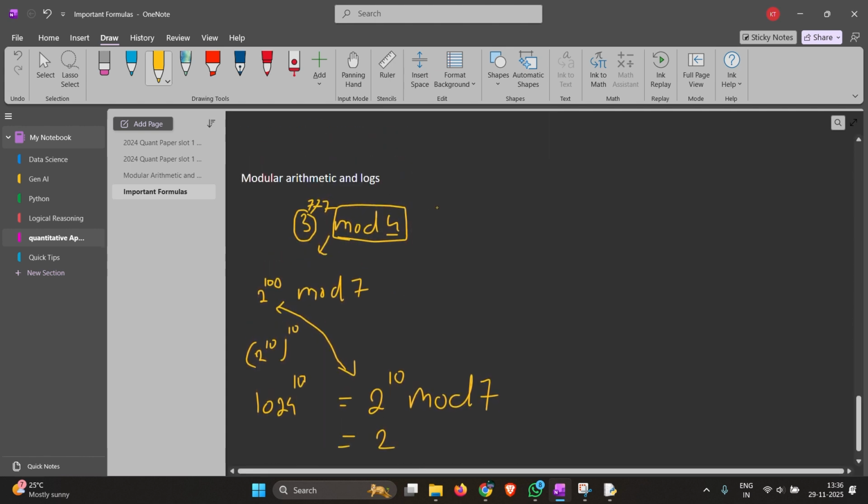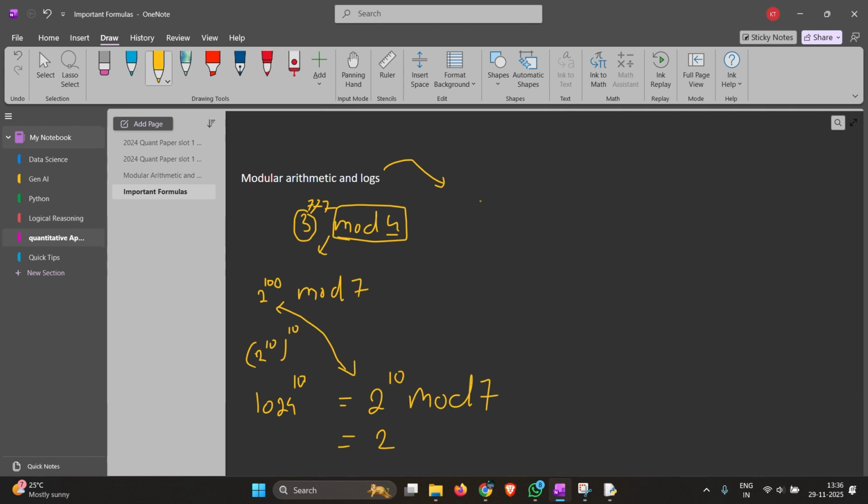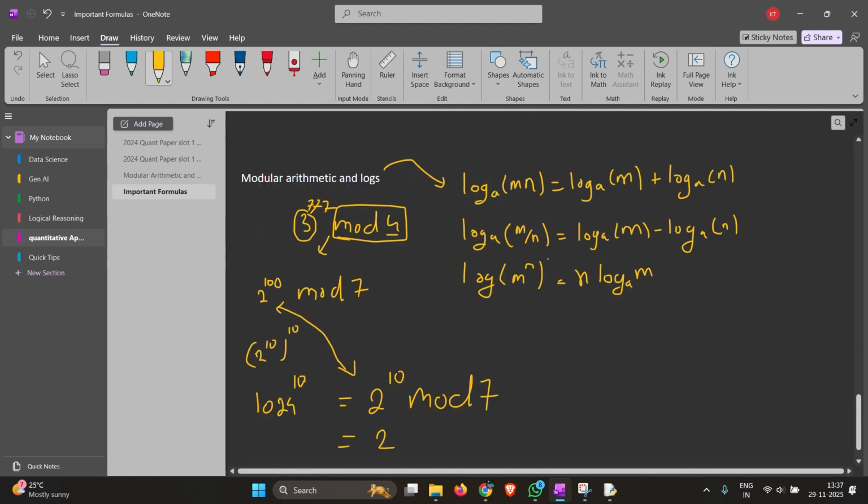And for formulas, the formulas are mostly for logs. So if you have questions involving logs, there are some formulas that you should remember. So I'll write all those formulas down quickly and then we'll go through them one by one. So yeah, these are the three important formulas.